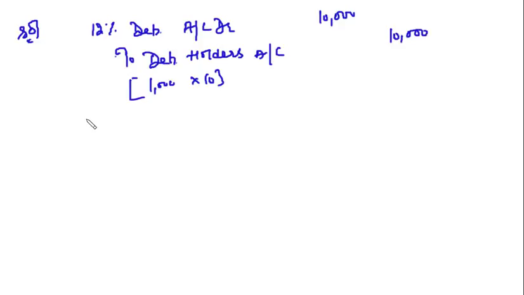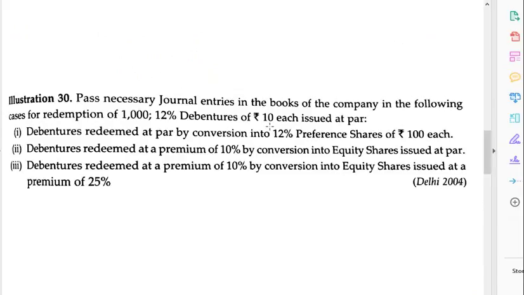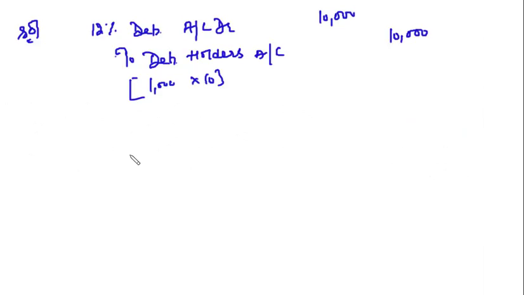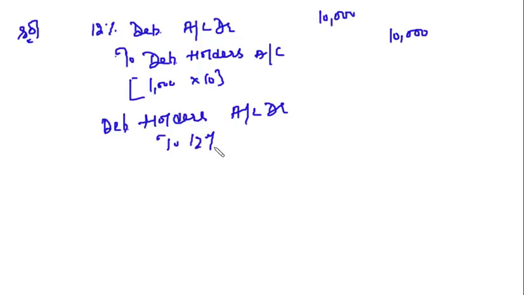Okay. Now you have converted these debentures into 12% preference shares of 100 each. This is conversion into shares at par. So what you will say? Debenture holders account debit to 12% preference shares, 10,000.